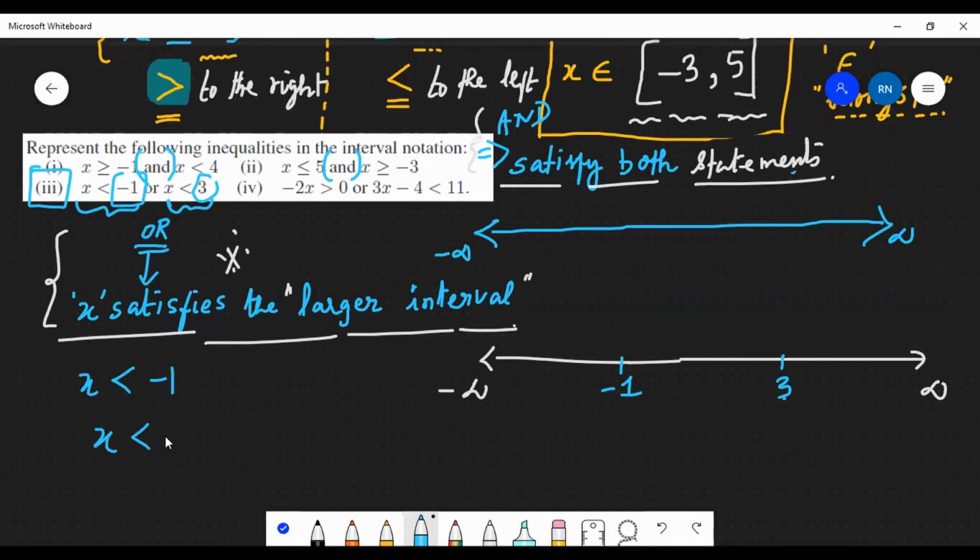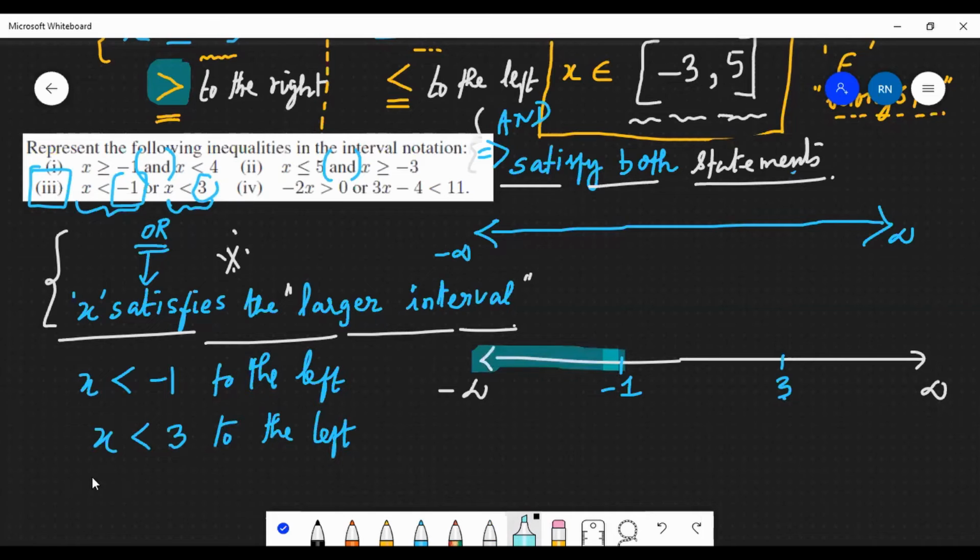Second statement, x less than 3. Both are, you can see, to the left. To the left only. So one kind of shading starts from -1. There is no dot, no equal to, but it goes to the left till -infinity.